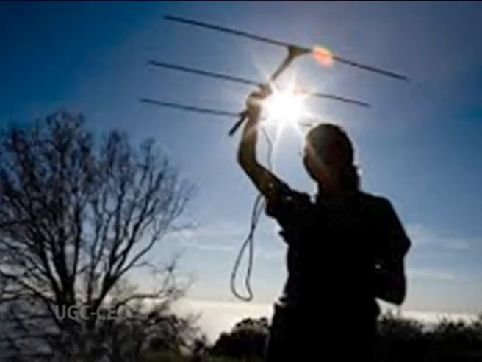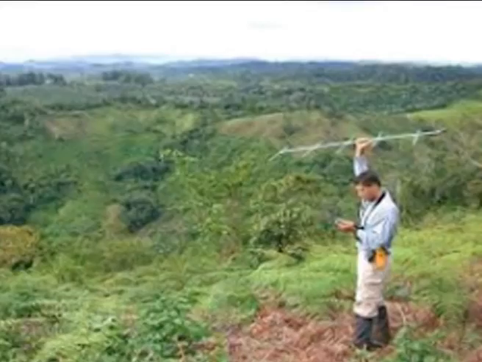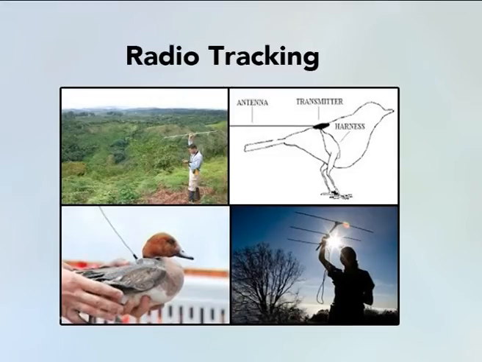But again, it has a limitation because of how far the signal can reach. The person who follows it has to be mobile and should be able to follow the bird in different directions. But radio transmitters can be used to track the movement of birds.